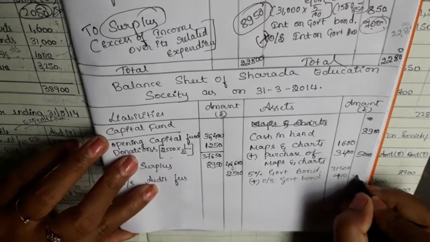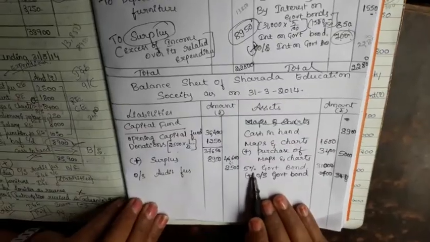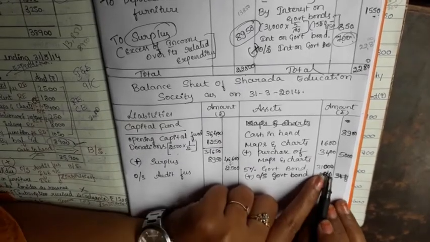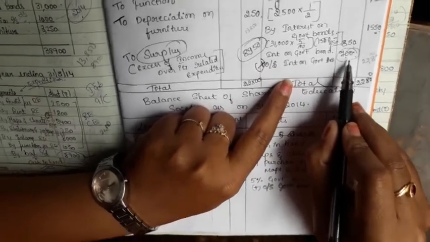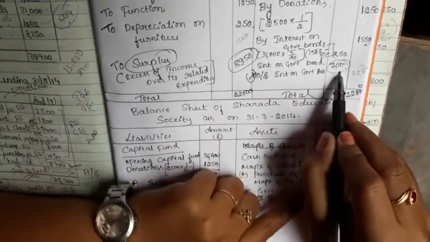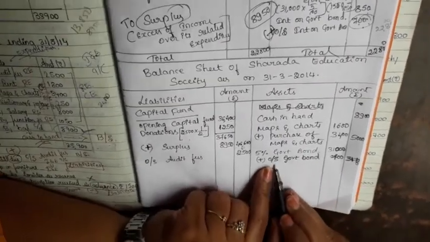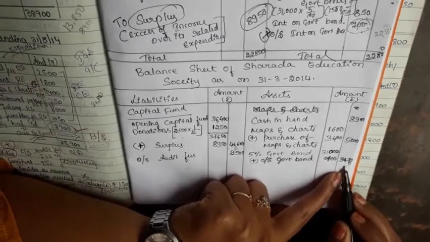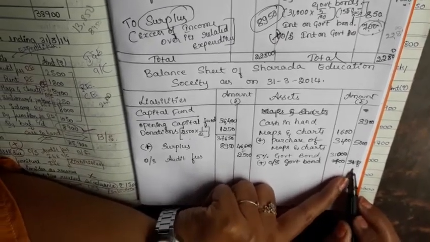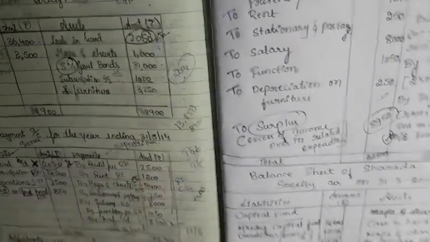The outstanding interest generated for the present year should be added to the 5% government bond. Outstanding government bond is 700. Total amount of 5% government bond is 31,700.